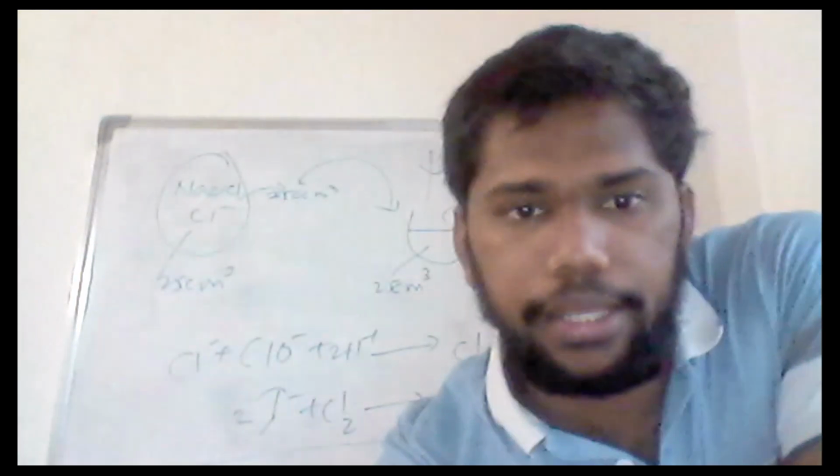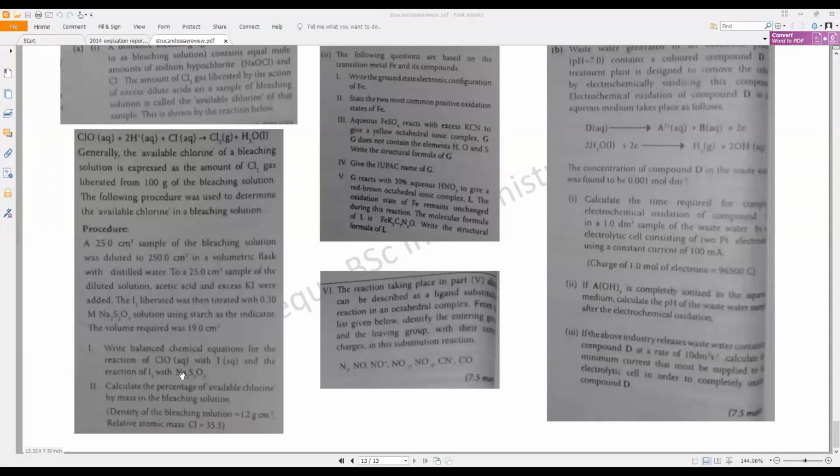I will share the screen here for a while. This is the reaction that they have asked: ClO minus and I minus, the overall reaction, and iodine with sodium thiosulfate is this reaction, which is very common, that we have discussed up to a million times now. And calculate the percentage of available chlorine by mass in the bleaching solution.